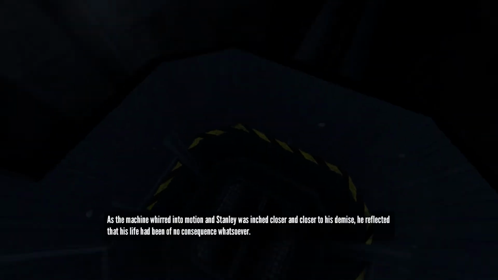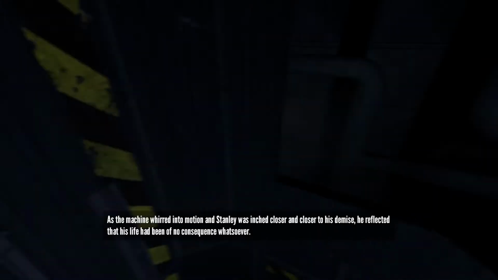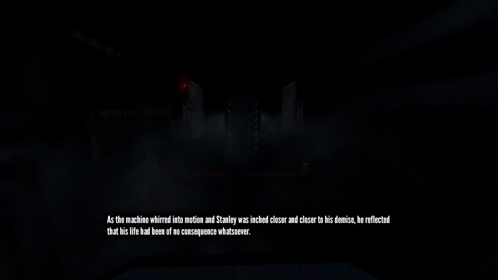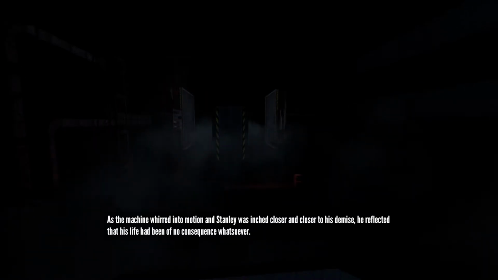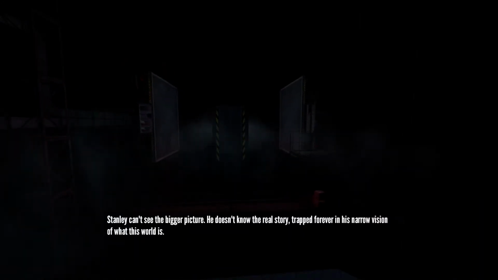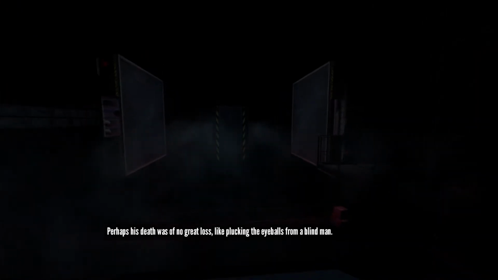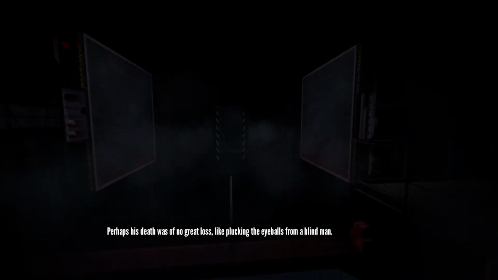As the machine whirred into motion and Stanley was inched closer and closer to his demise, he reflected that his life had been of no consequence whatsoever. Stanley can't see the bigger picture. He doesn't know the real story of what this world is, trapped forever in his narrow vision. Perhaps his death was of no great loss, like plucking the eyeballs from a blind man.